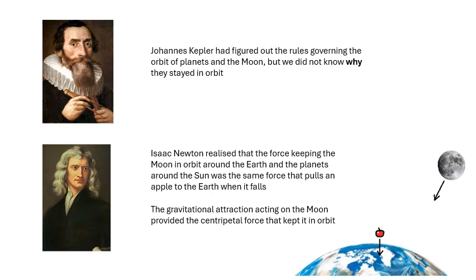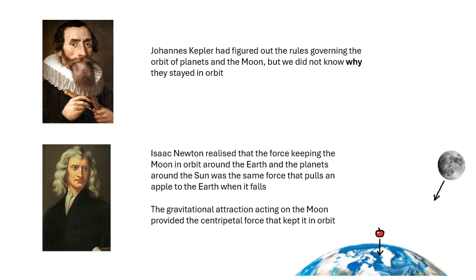Now, this bloke, Isaac Newton, very clever bloke, realized that the force that keeps the moon in orbit around the Earth and the planets around the sun was the same force that pulls an apple when you let go of an apple and it is pulled towards the Earth, and that is the same force that provides the centripetal force which keeps the moon going in orbit around the Earth.